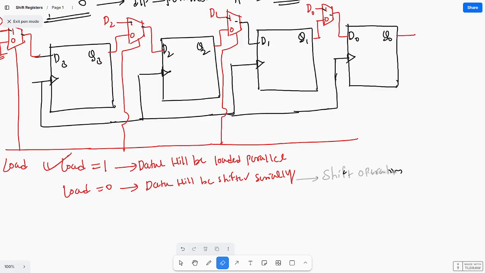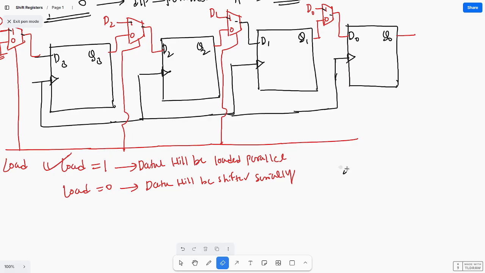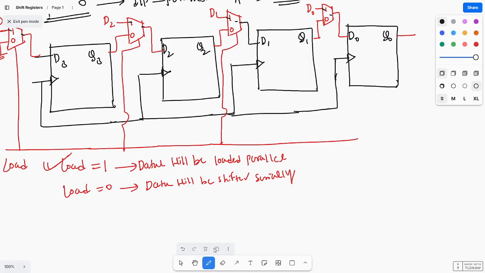I'm drawing this. So here you see clock, next Q3, Q2, Q1 and Q0.